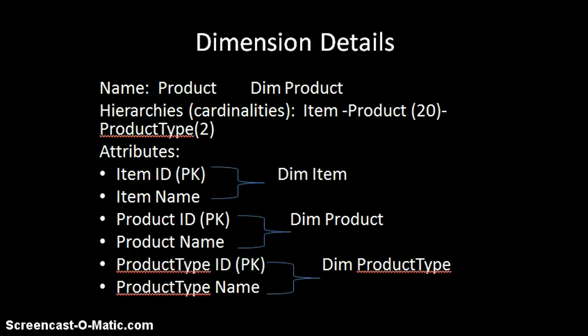Attributes, we have the dimension for items, which consists of item ID as the primary key, item name, and then for dim product, we have product ID as the primary key, product name, and then moving down to the dim product type, we have product type ID and product type name.